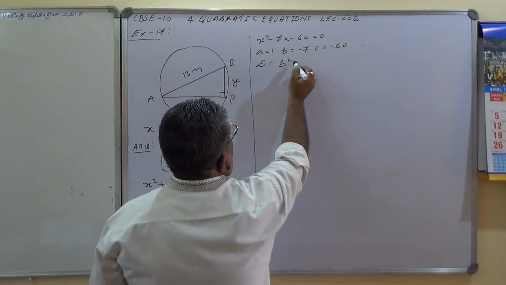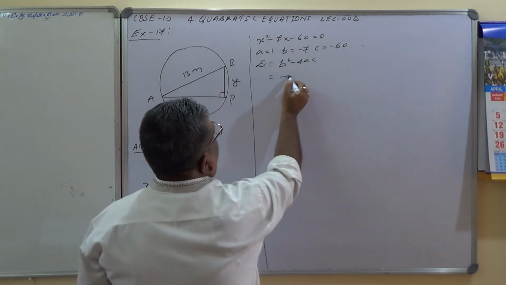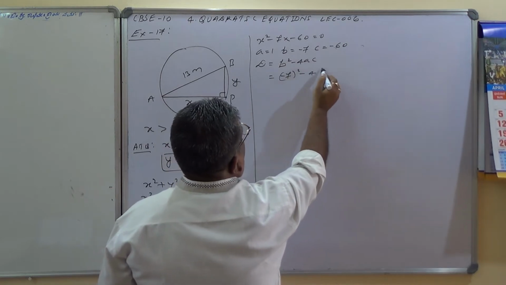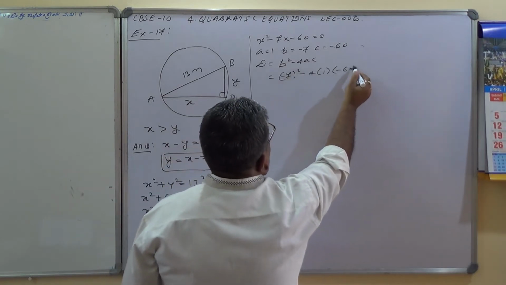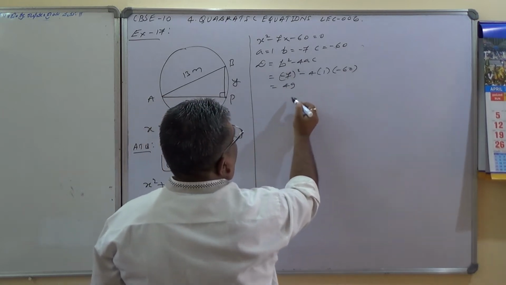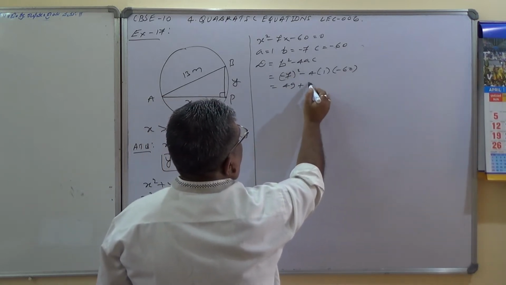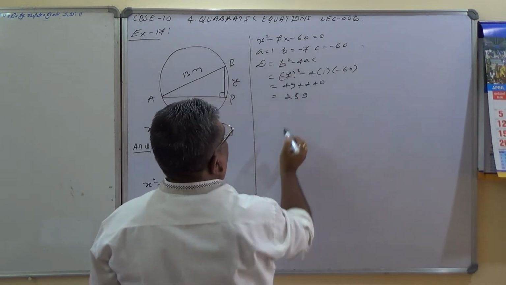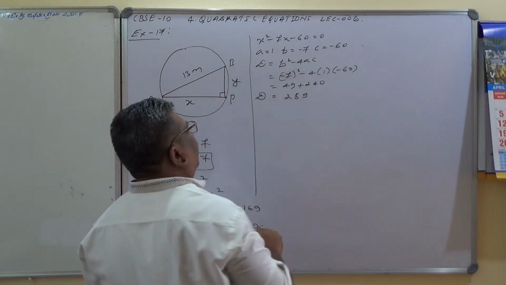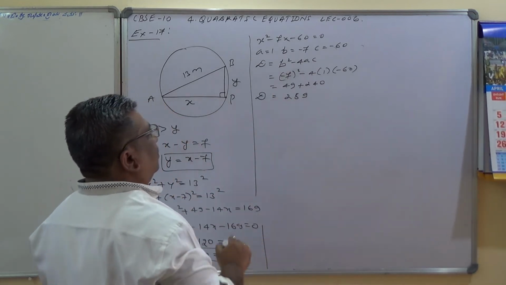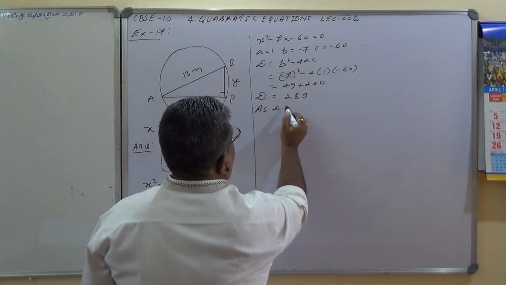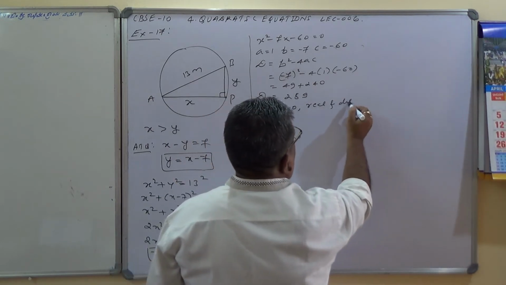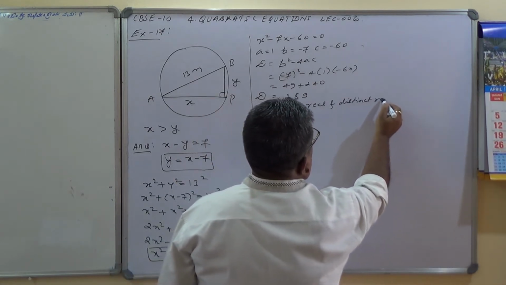The discriminant D is given by b square minus 4ac, which is minus 7 the whole square minus 4 times 1 into minus 60. That is 49 plus 240, so D equals 289. Therefore, as D is greater than 0, real and distinct roots exist.